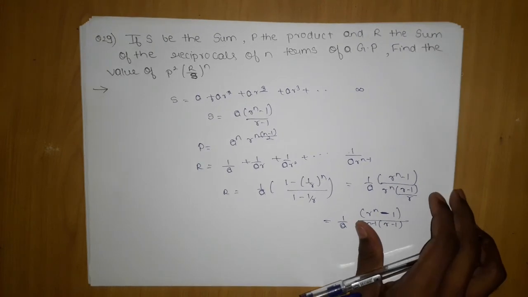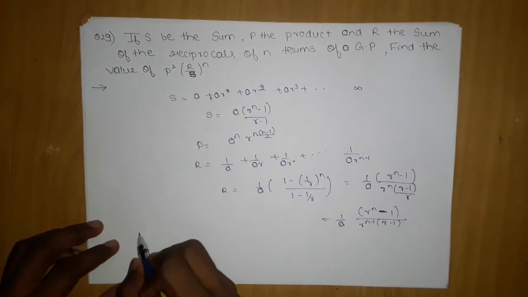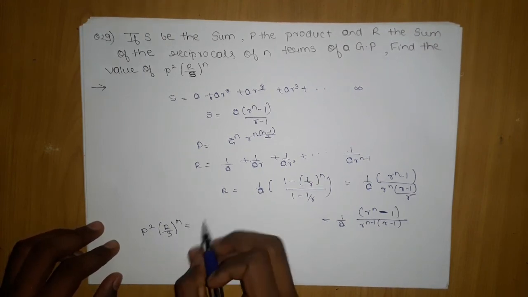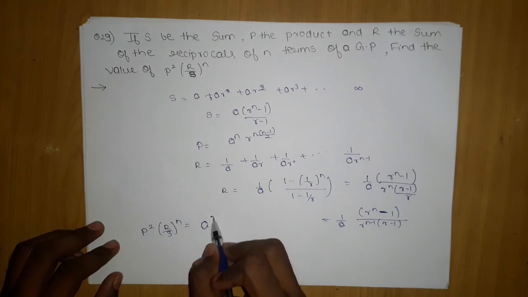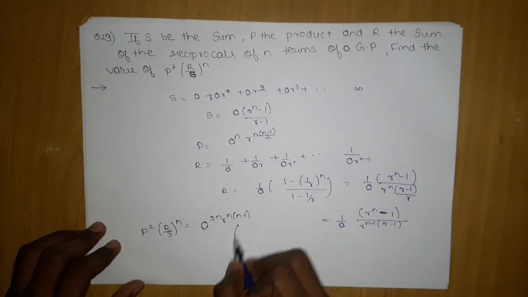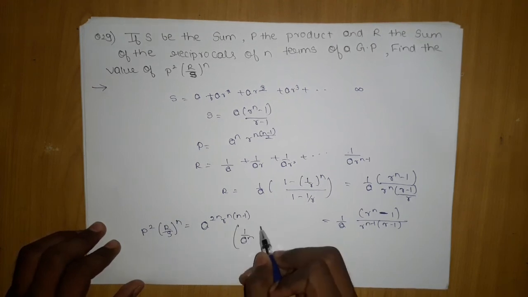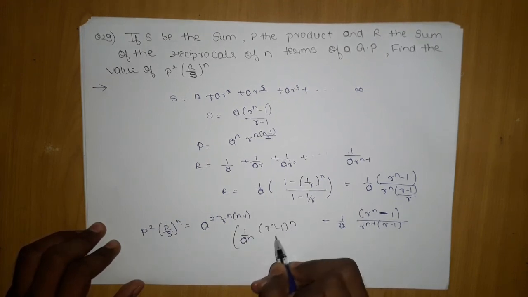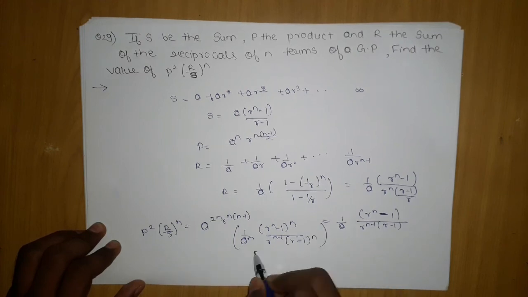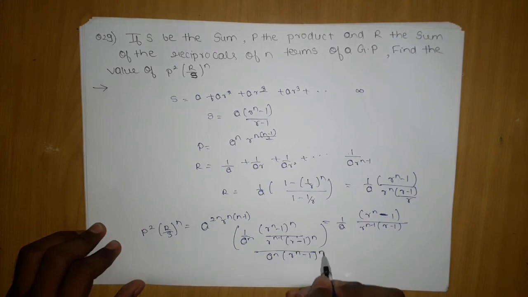Now P square into R by S, the whole power n, if we substitute, this is a power 2n, r power n into n minus 1, into 1 by a power n into r power n minus 1 power n upon r power n minus 1 into r minus 1 power n, the whole bracket upon a power n into r power n minus 1 power n upon r minus 1 power n.